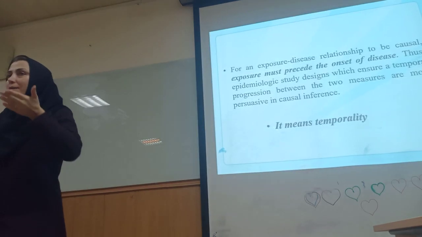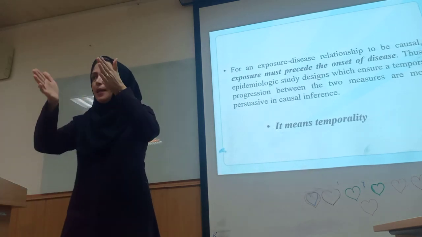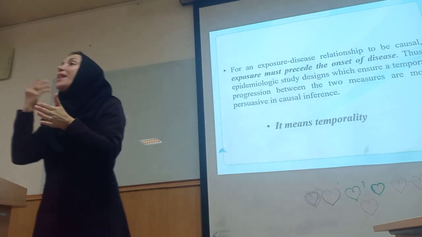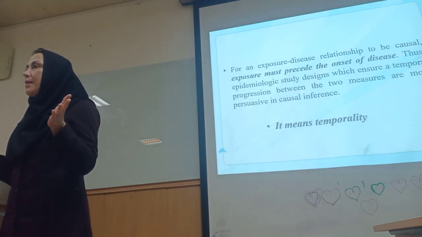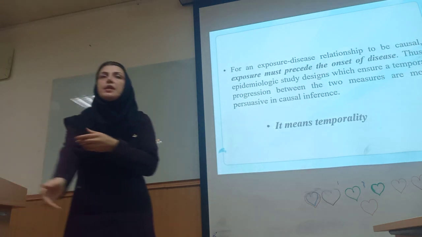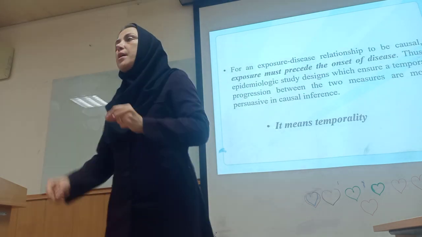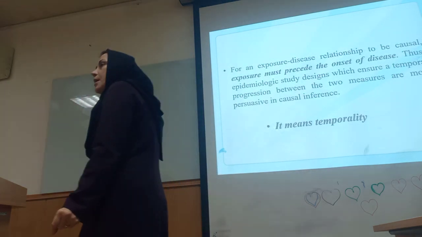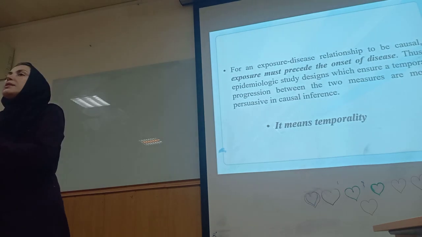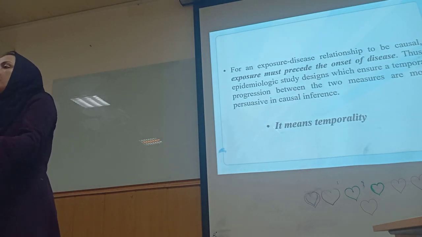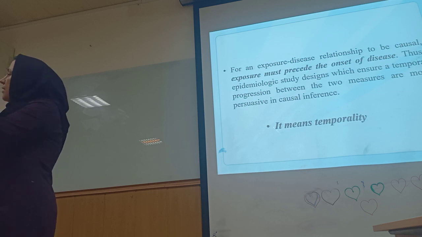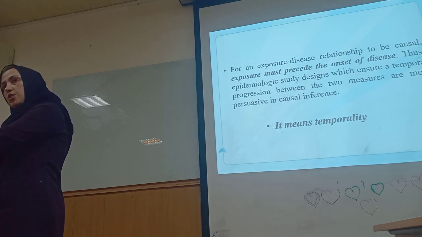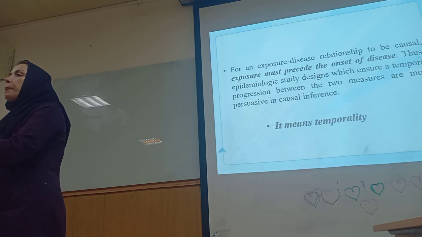Why? Because at the beginning, we start with a healthy population. We know that they are not diseased. How? For example, we can test their blood and measure the level of fasting plasma glucose and know that these 1,000 people are not diabetics.